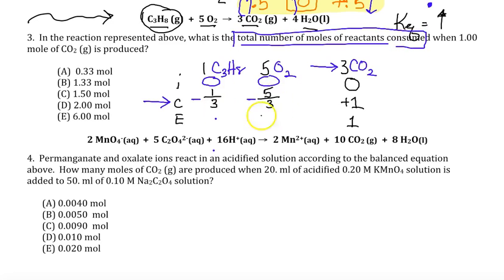That's change. I'm looking for the total at the end. Okay, so I know I lost or consumed 1/3, and I also lost 5/3. And you can do this percentage-wise if you want. But what's 5/3 plus 1/3? And you got it. You get 1/3 plus 5/3. You get 6/3, which is equal to 2. And that's why the answer is choice D.